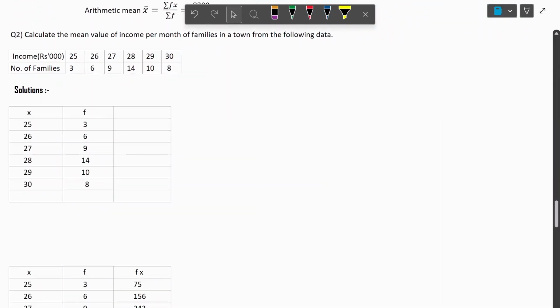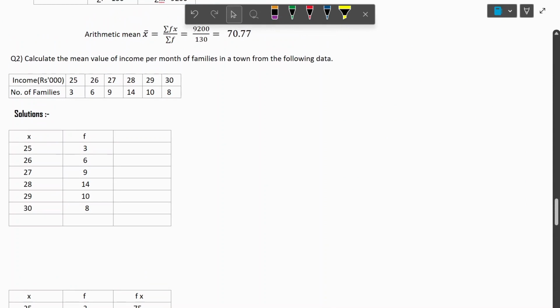The next question. Here, the question is: calculate the mean value of income per month of families in a town from the following data. Mean, normally which is mentioned for arithmetic mean. What is given in the column income? Income in rupees 1000, it is given 25, 26, 27, 28, 29.